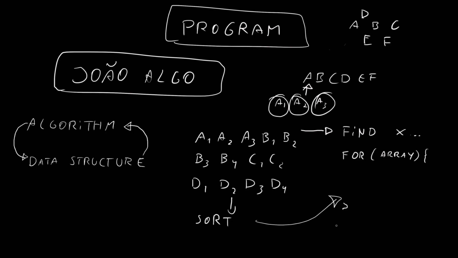So I can say, okay, look for A. If the first letter starts with B, or C or whatever, let's just abstract this away, then we can just return, or break, or somehow exit the loop or the algorithm.